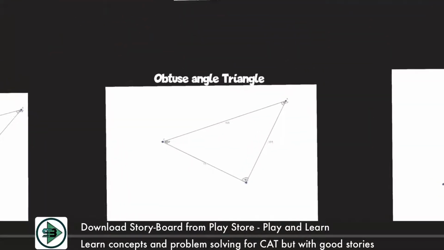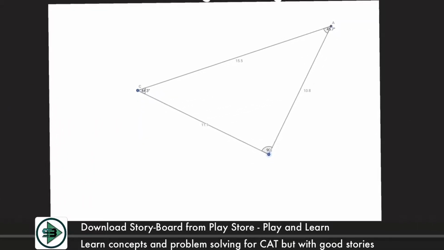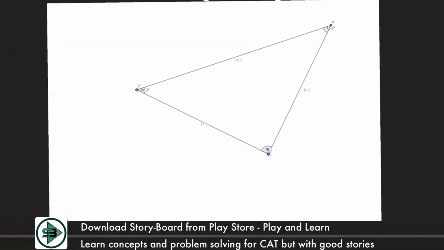What happens if the angle becomes greater than 90? Then it becomes an obtuse angle triangle. If you can see this triangle, first of all it's a right angle triangle because one of the angles is 90. But if I increase this right angle from 90 onwards, it keeps on increasing. All the triangles you can see right now which are forming are examples of an obtuse angle triangle. The range is from 90 to 180.